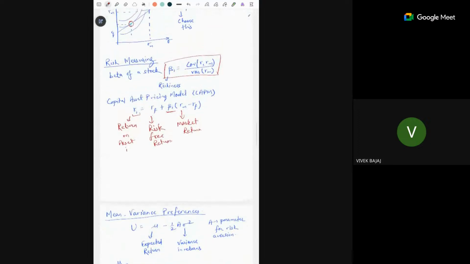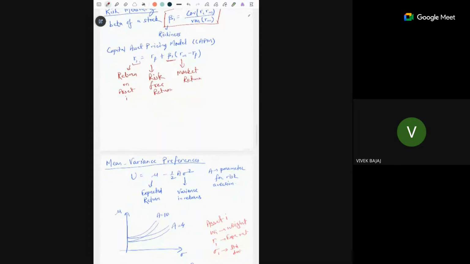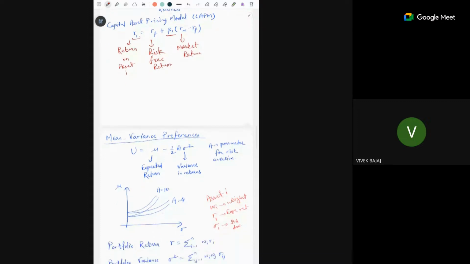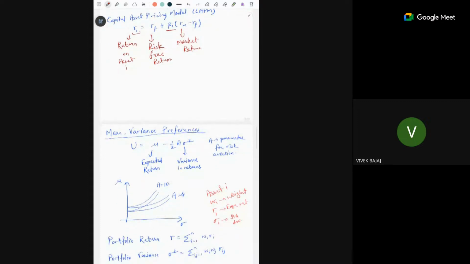So if my asset has a high correlation to the market return, then my return on the asset will go up, right? How high covariance with the market? Yes. Okay. Yes. So mean variance preferences means my utility mainly depends on the expected return and the variation or the variance of the return.